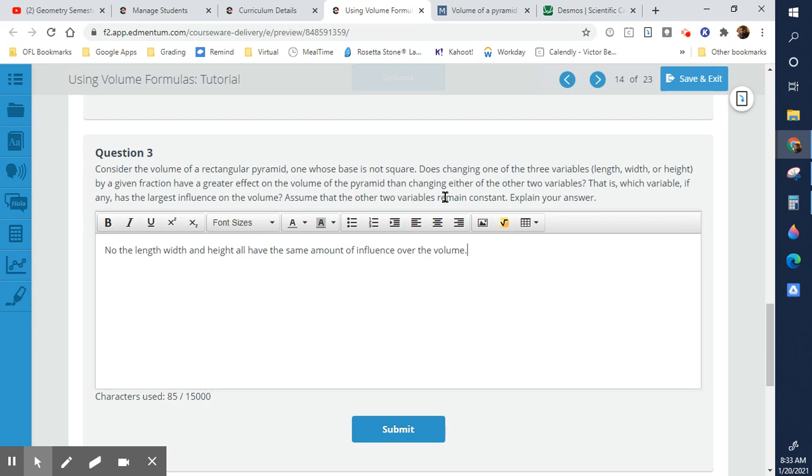Assume that the other two variables remain constant. Explain your answer. So in explaining my answer, none of the values are being affected any differently than the other.